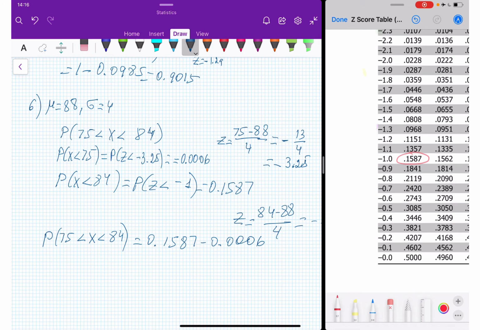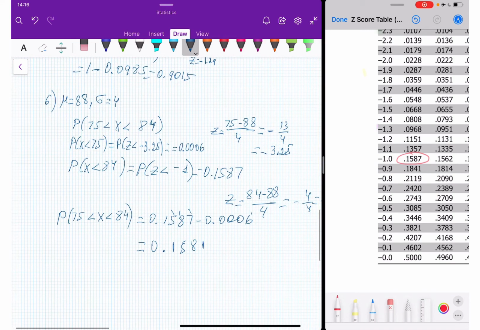Which is going to be equal, so 7 minus 6 is 1. Here it's going to be 8 minus 0 is 8. 5 minus 0 is 5. 1 minus 0 is 1. 0.1581. All right. Moving to question number 7.